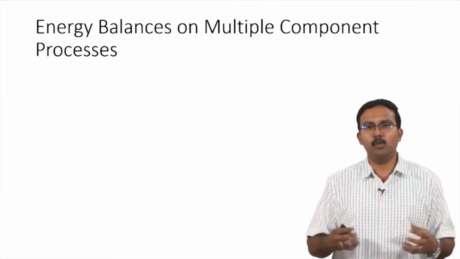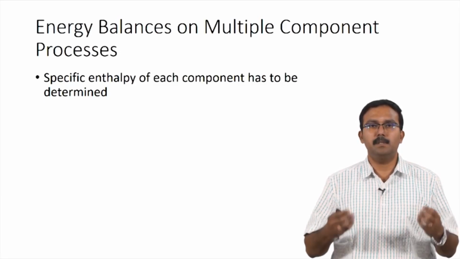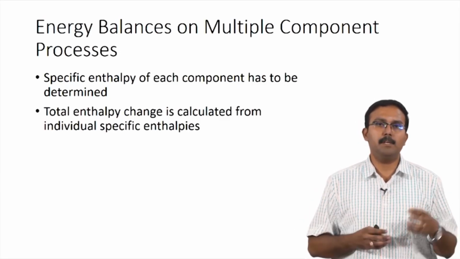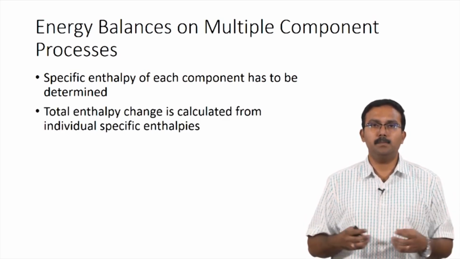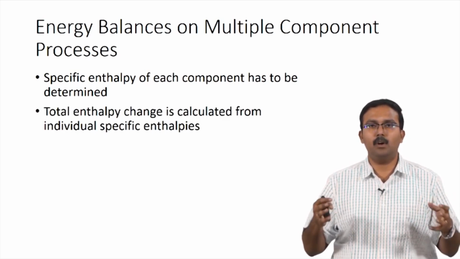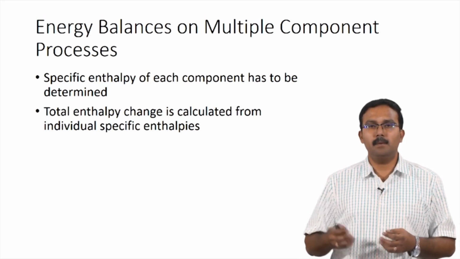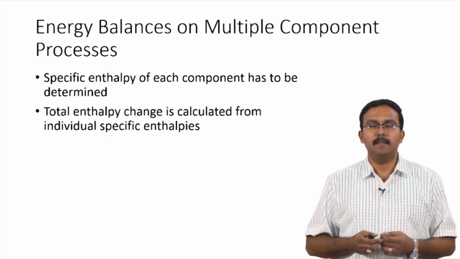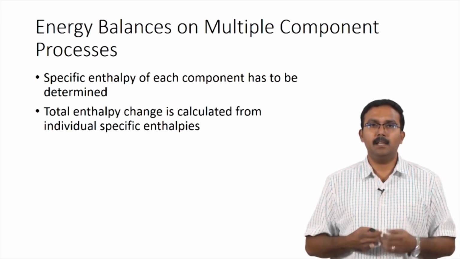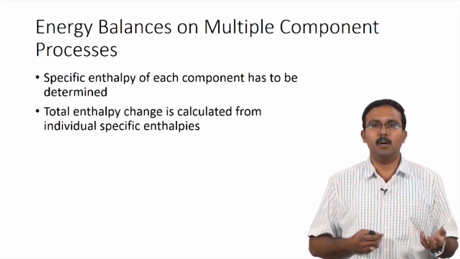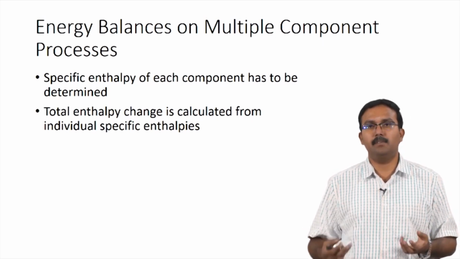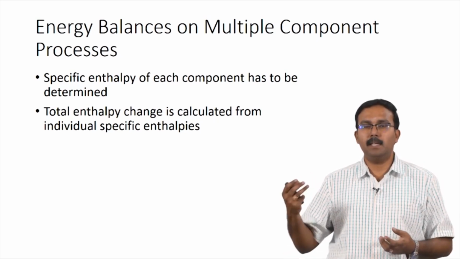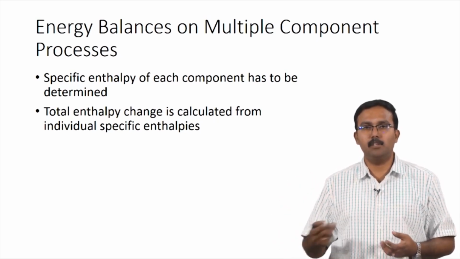When you have multiple components present in a process, then the specific enthalpy of the process itself will depend on the specific enthalpies of each of the components. The total specific enthalpy of the process or the system will be the summation of the specific enthalpies of the individual components, and the enthalpy can be calculated as the mass of the individual component times the specific enthalpy of the individual component, plus the mass of the second component times the specific enthalpy of the second component, and so on.